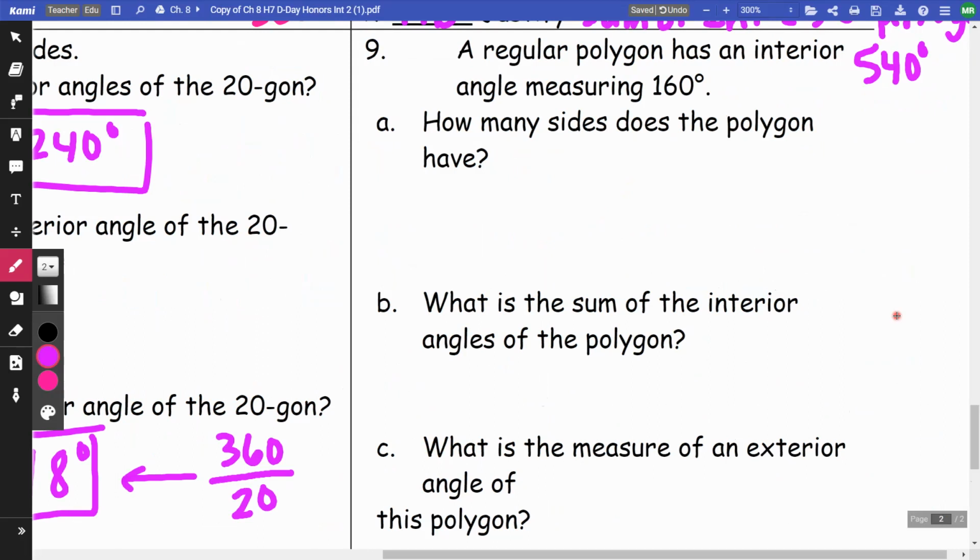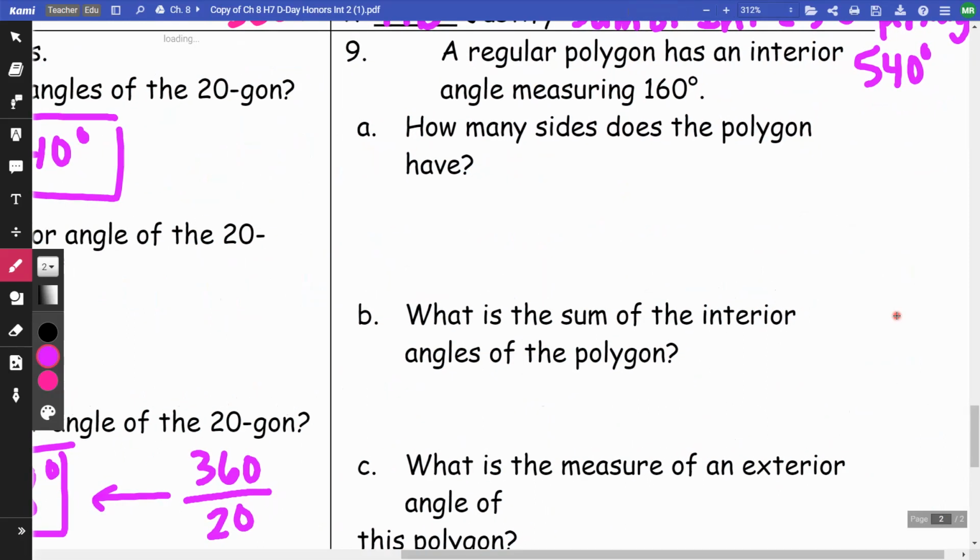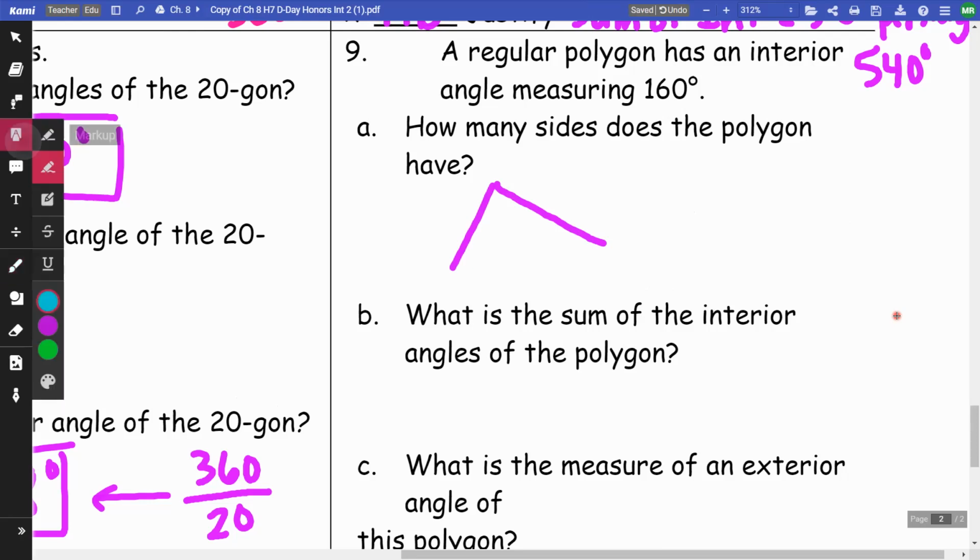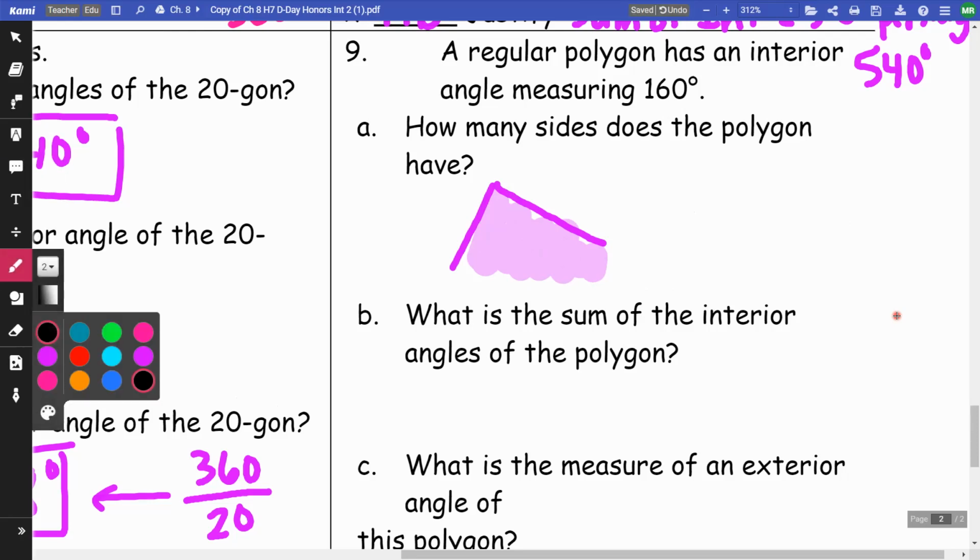Number 9, a regular polygon has an interior angle measuring 160. How many sides does the polygon have? So what I'm going to do is think about this differently. Let's say this is my polygon, and I know that my interior angle here is 160 degrees.